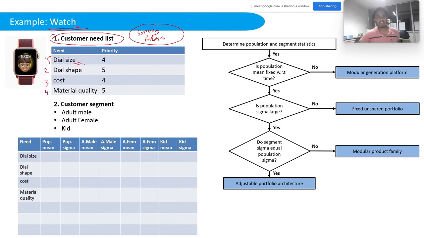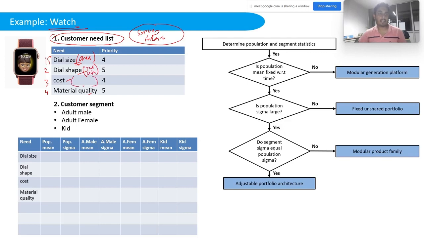One is dial size, one is dial shape, one is cost and material. Size means area. A need has to be converted into a specification, which needs to have a metric and a value. So it needs to be area, something like a value plus centimeter square, and shape can be qualitative like rectangular or circular.